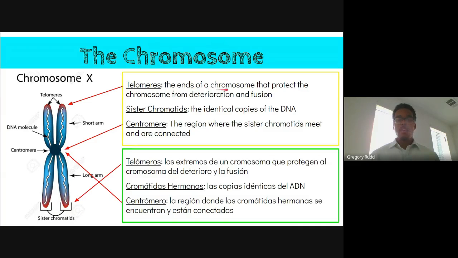They are the ends of a chromosome, and they protect the chromosome from deterioration, from breaking down. They also protect it from fusion, meaning we don't want that chromosome to connect with another chromosome. We want it to remain separate. So those telomeres protect the chromosome.